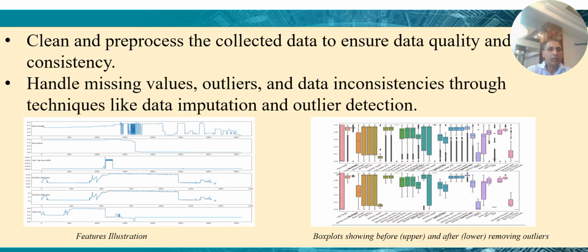So we collected about 550,000 data points from one of the drilling operations in the North Sea, and then we processed the data, because a lot of the information is not correct.